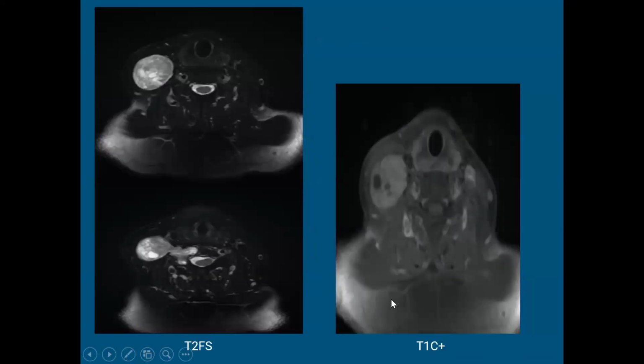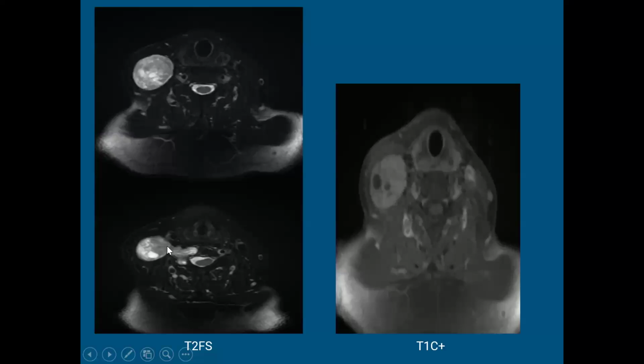Another pathology of the perivertebral space. These are the axial T2 fat sat MR images and axial T1 post contrast images. We can see a heterogeneous hyperintense solid cystic lesion in this region.